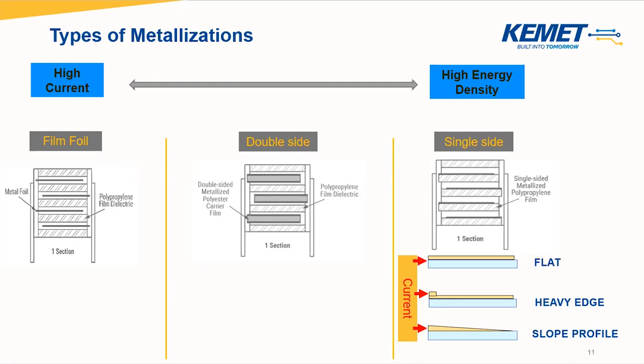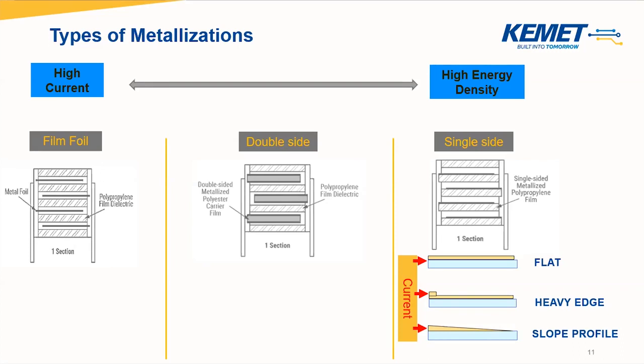Of course, we can also have other designs where we can increase the current capability. For instance, we have some series where the dielectric is not metallized, but there is another layer of film which is double metallized.